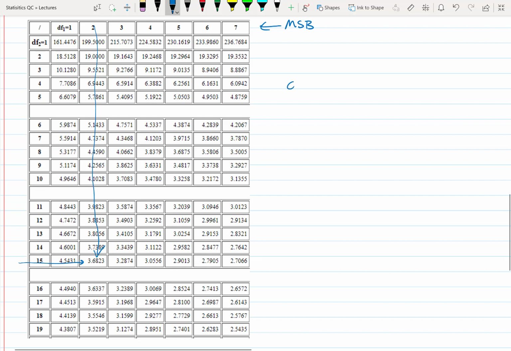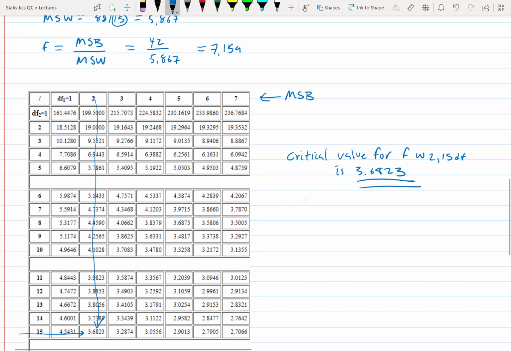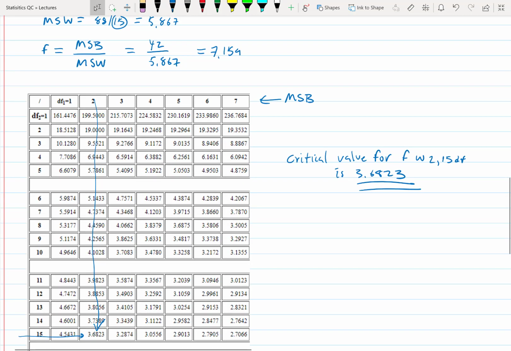In this case, the critical value for F with 2 and 15 degrees of freedom is 3.6823. So our calculated value was 7.159. So we would reject the null hypothesis that these means were equal.